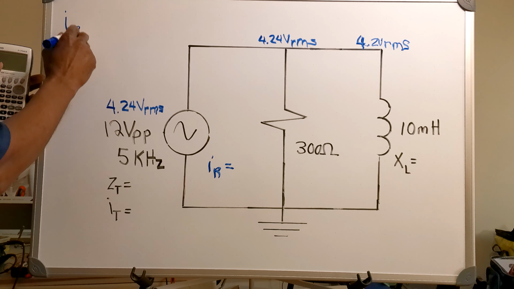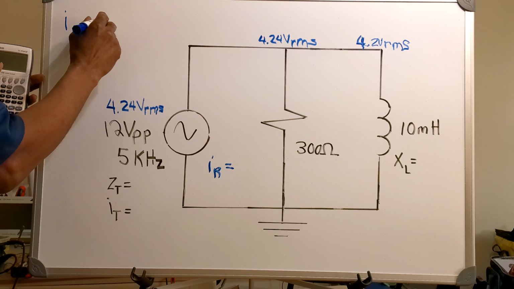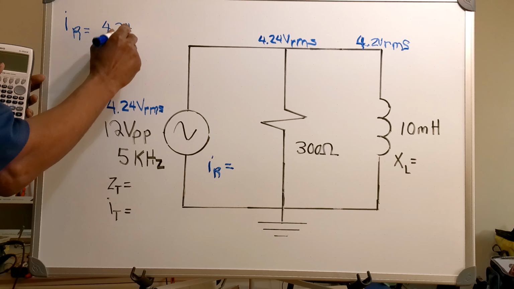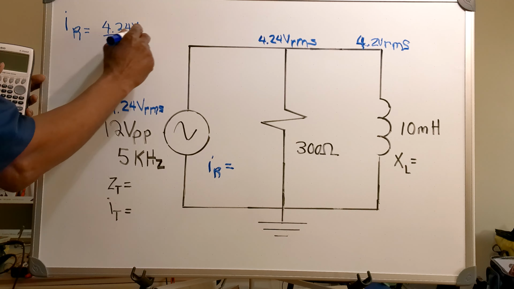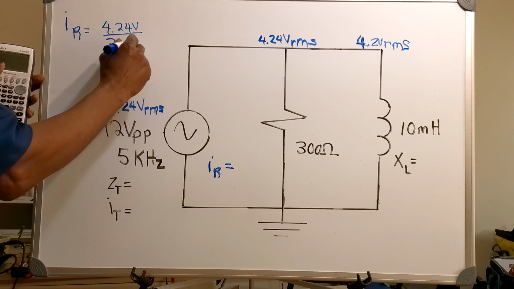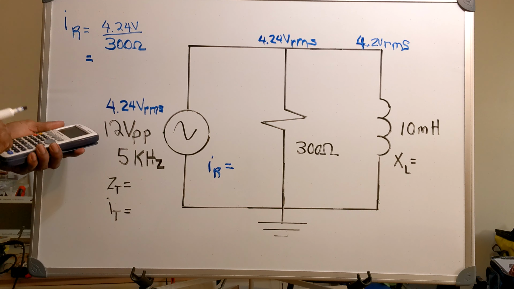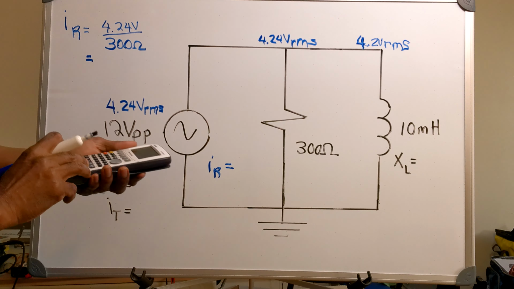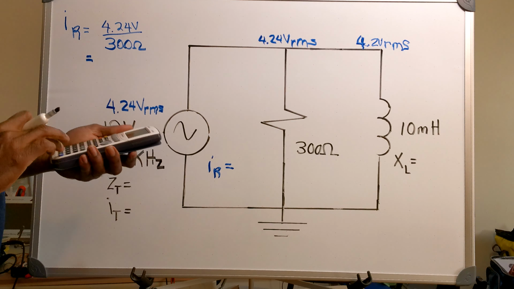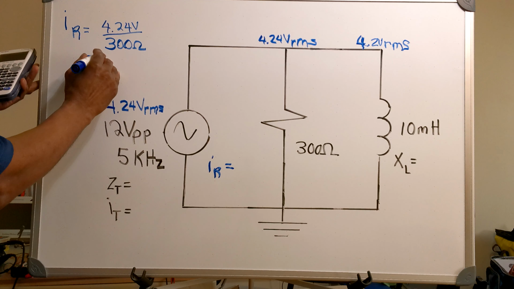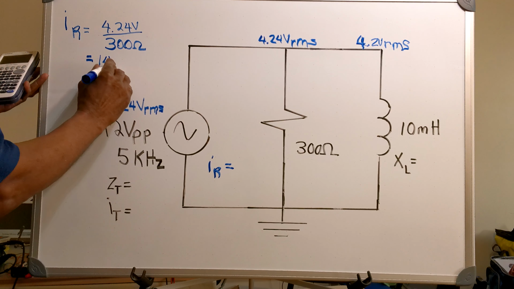So my current is 4.24 volts over 300 ohms. That equals 14.13 milliamps.